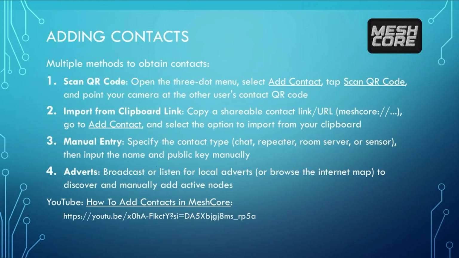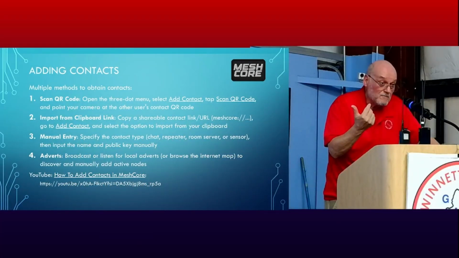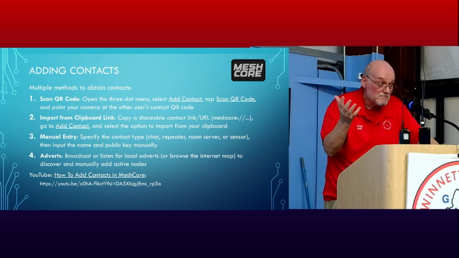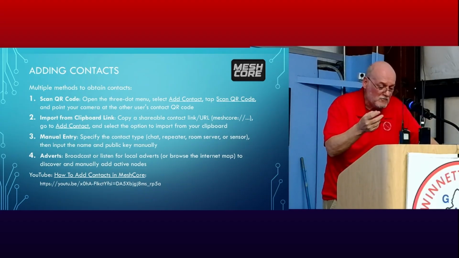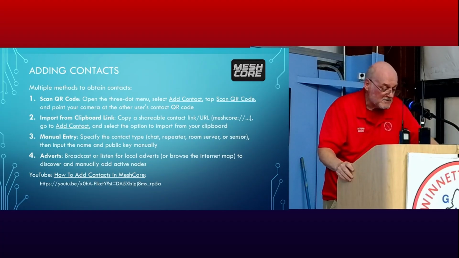Adding contacts. So, you can't do direct messaging unless both parties have the person they're sending to in their contact list. So in that case, there's more than 4 ways. These are probably the most common ways to do it. Just before this meeting, I went around to a few people, and I used QR codes to exchange contact information and enter into our respective Meshcore apps.